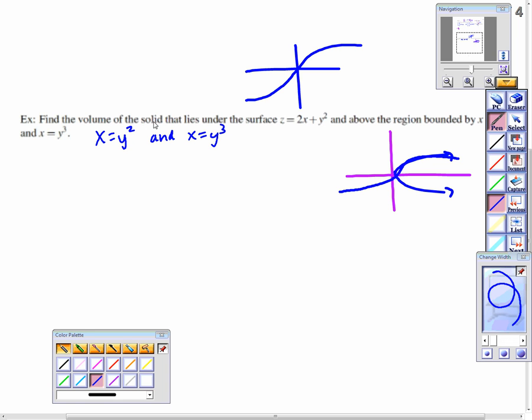So I just set them equal. And we never, ever divide by variables. We always move everything over and factor. Check me, make sure I don't do anything stupid. Is that good? y equals 0 and 1.